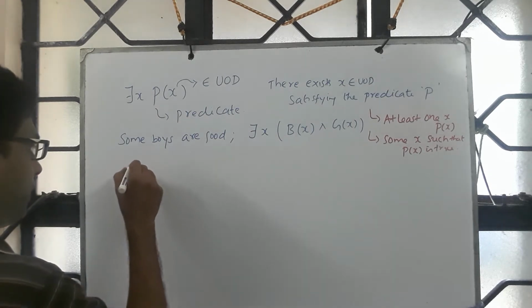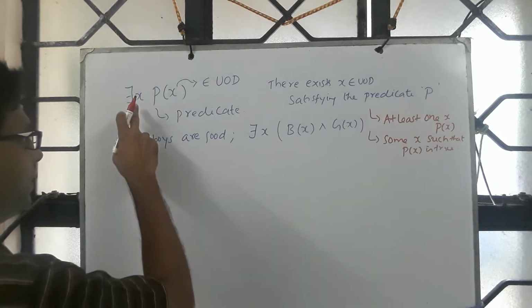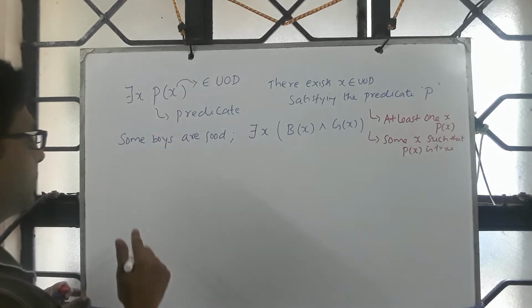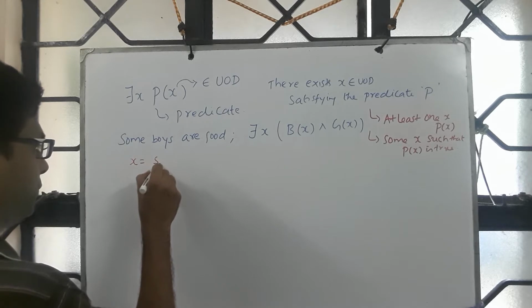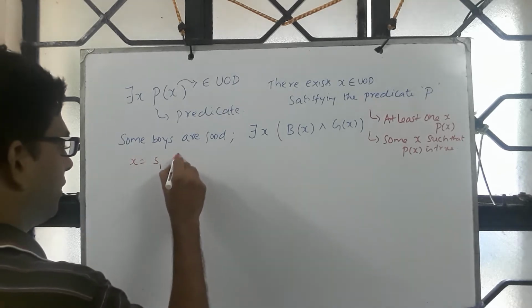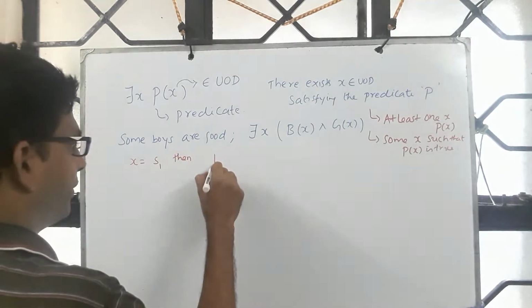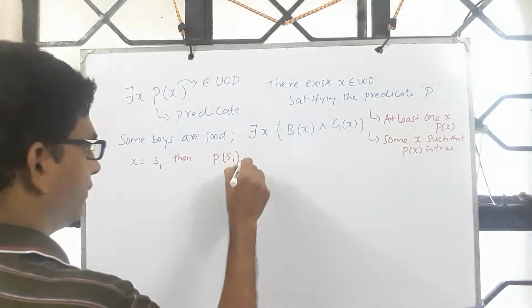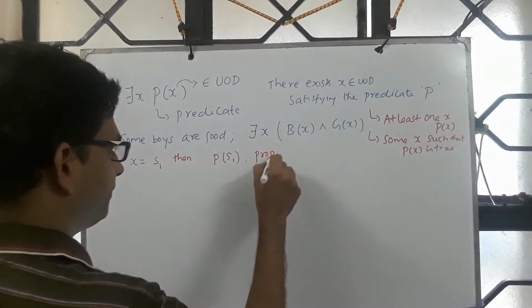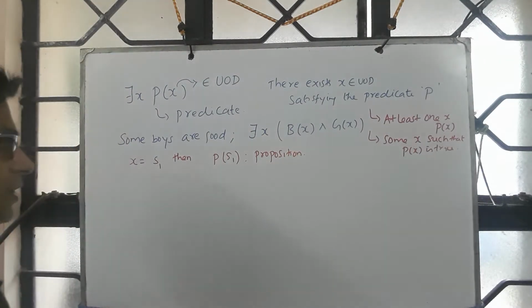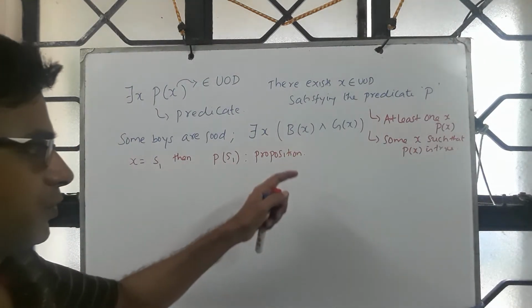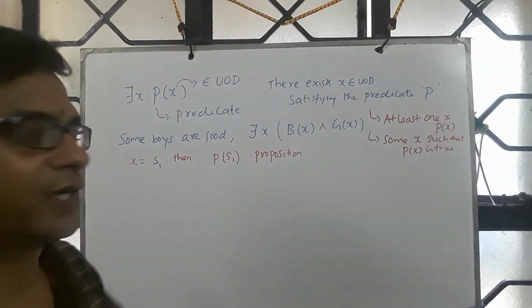We also saw that if you instantiate with respect to a specific x, for example x is s1, then you get p of s1, which is a proposition. So predicate logic is a collection of propositions, p of s1 and p of s2, p of s3, p of s4, and so on.